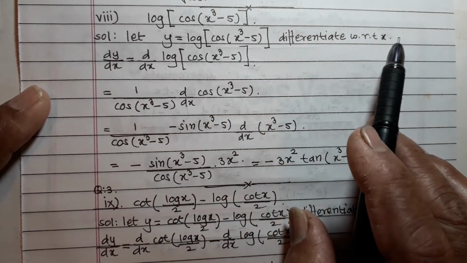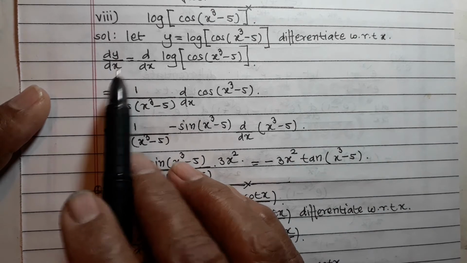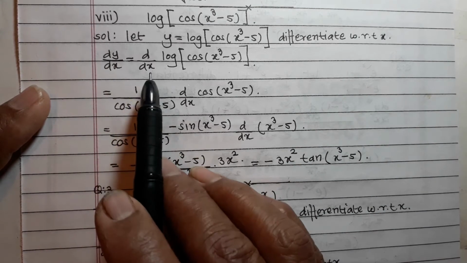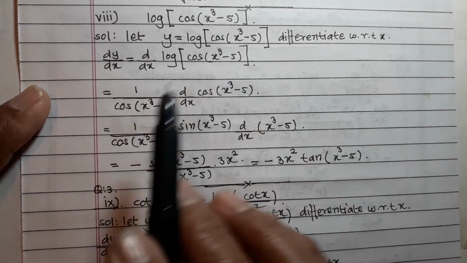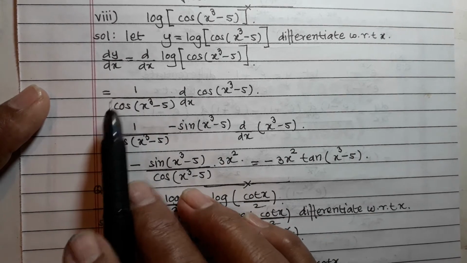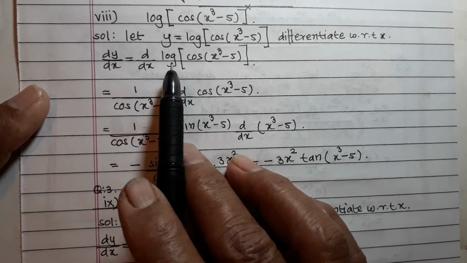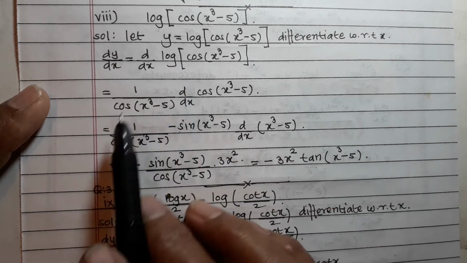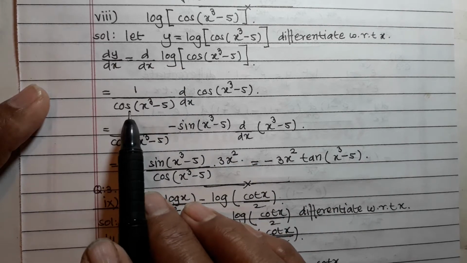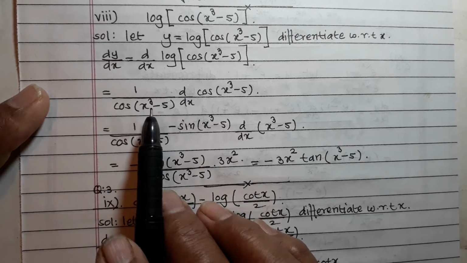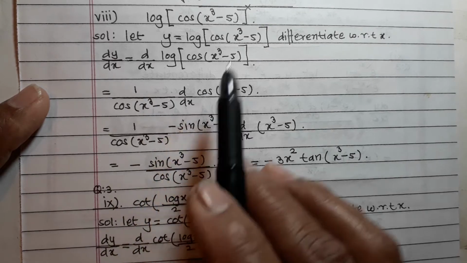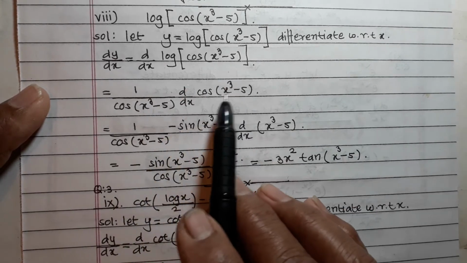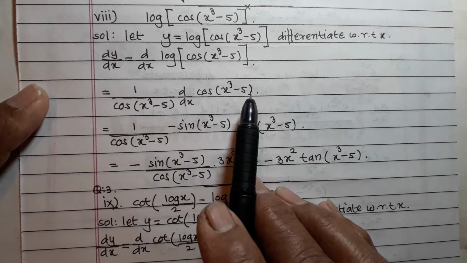Differentiate with respect to x. dy/dx is equal to d/dx of this y, and is equal to 1 upon, so first you take the derivative of log, so 1 upon cos of bracket x cube minus 5 and derivative of cos x cube minus 5.